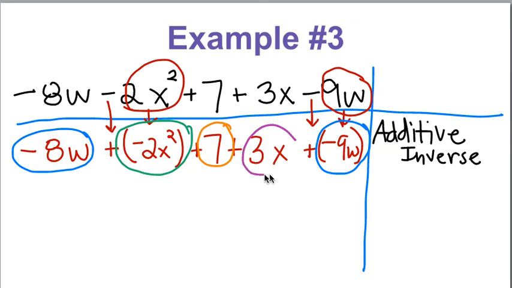And I have x's here. So I have a lot of different things happening. But once I've identified my like terms, I look at my to-do list. So after changing subtraction to addition, I'm going to commute to get my like terms together. So my next step is commutative.